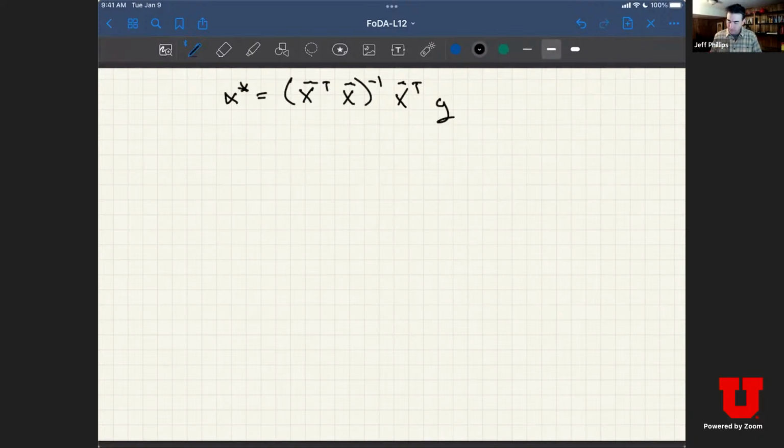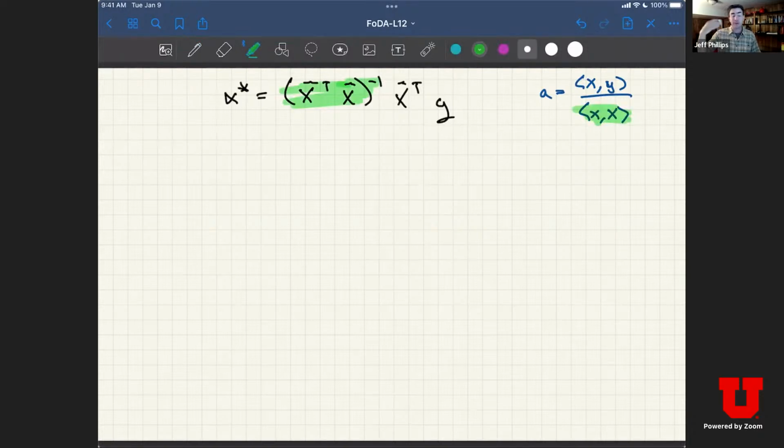The first thing to remember is that we had this solution in the one-dimensional setting, which was the centered version of x dotted with y, divided by the norm of x squared, which you could write as x dot x. So this was our solution in the one-dimensional setting. And if you look at this, there's a correspondence here. This x transpose x inverse is like dividing.